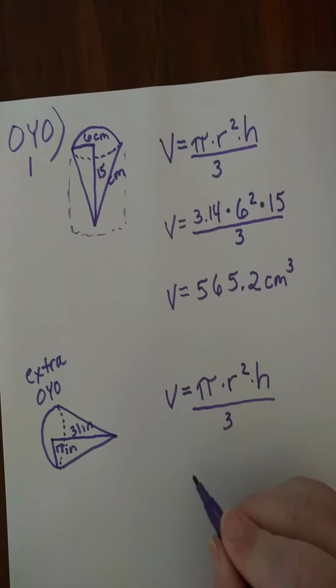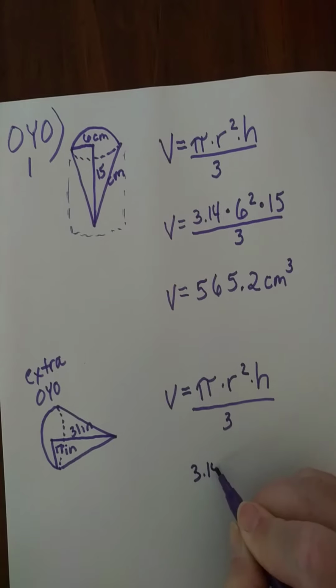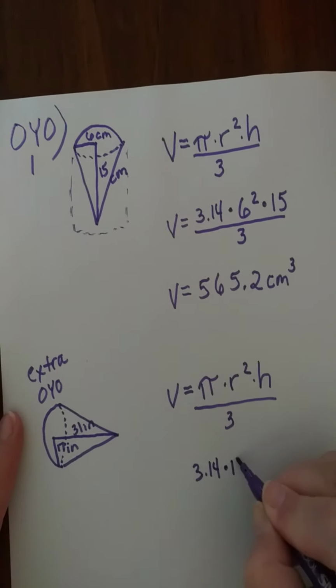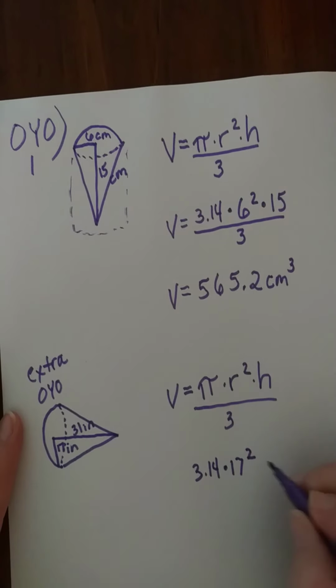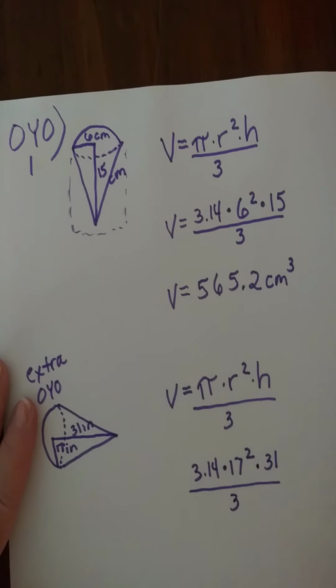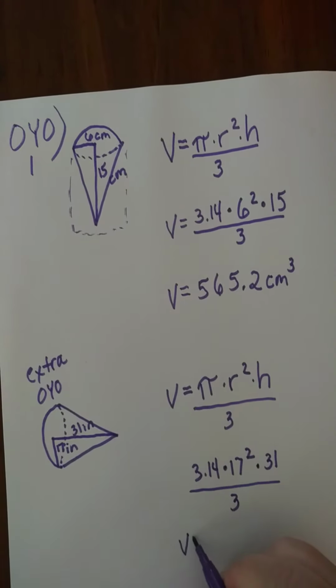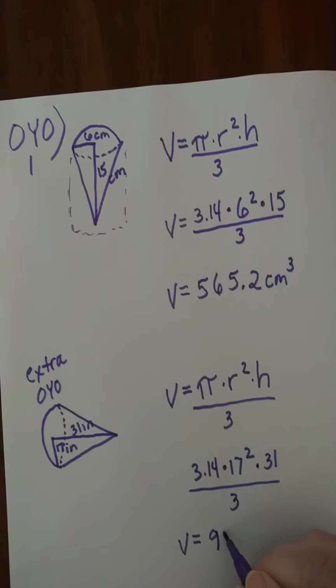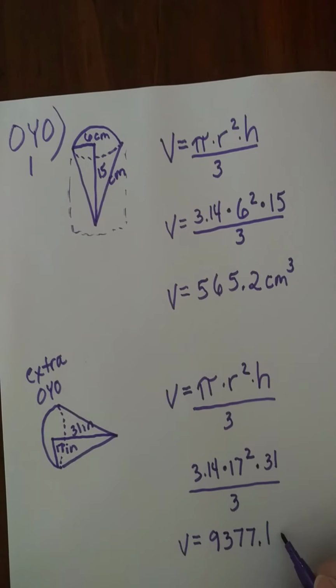All right, hopefully you have this. 3.14 times the radius is 17. So 17 squared times height is 31. Divided by 3. When you calculate it out using your calculator, you should end up with something like 9,377.1, and it's inches cubed.